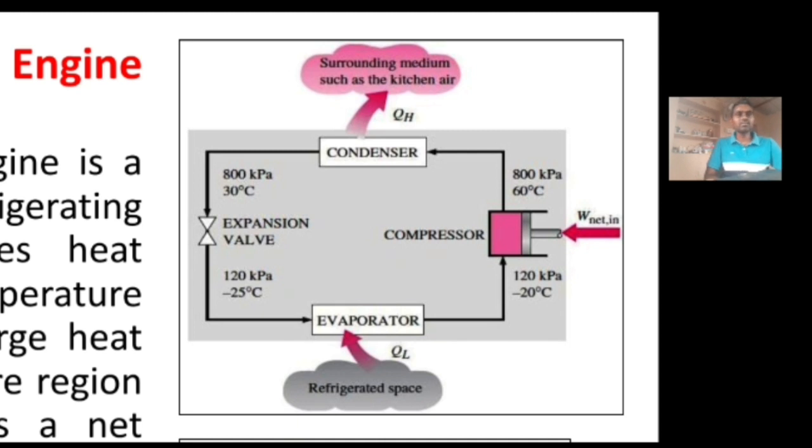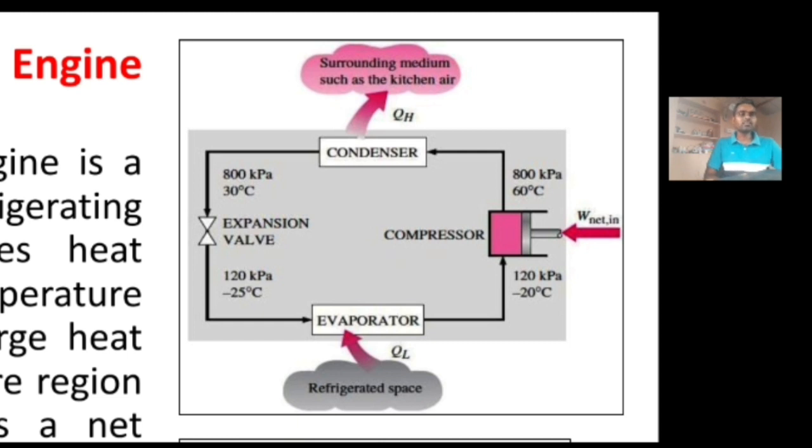As you can see schematically in this diagram, heat is being removed by the evaporator from the refrigerated space. When this heat is removed, the refrigerant acquires that heat and gets evaporated, more or less in most cases. Understood?